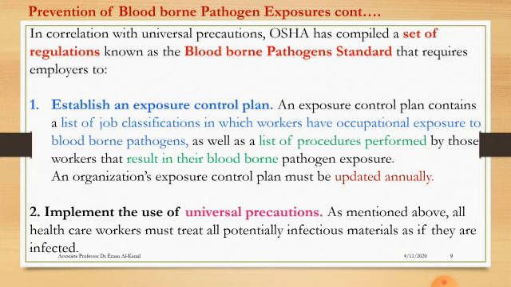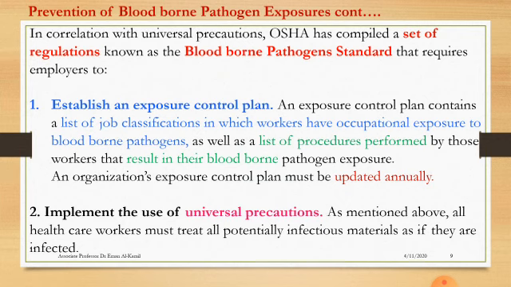How are they going to deal with this infection if they are exposed during their work? And this standard or practice plan should be updated annually if there is a new update.